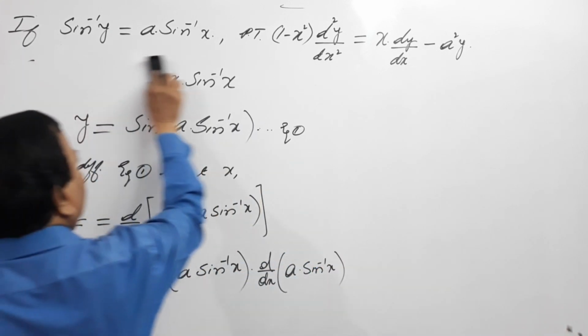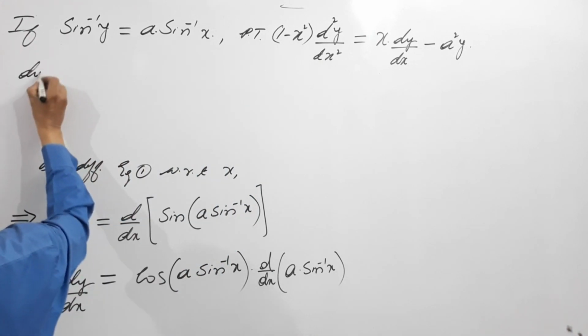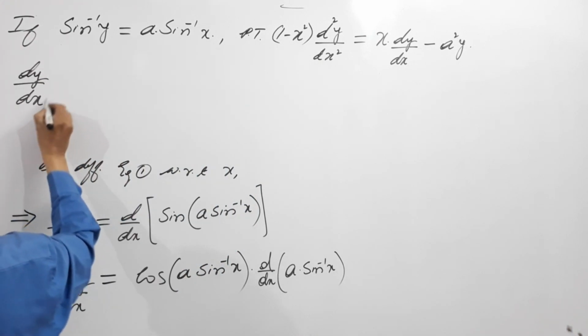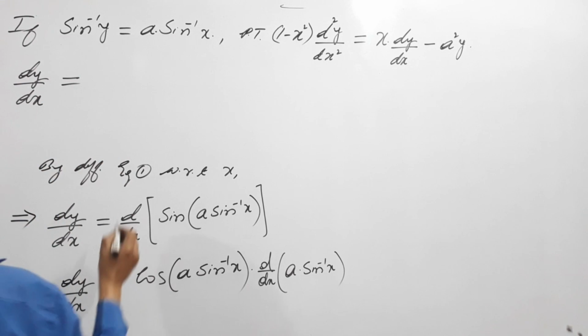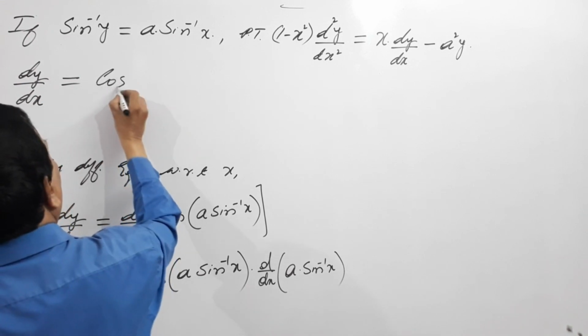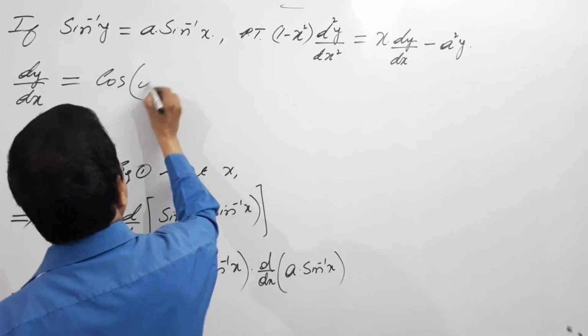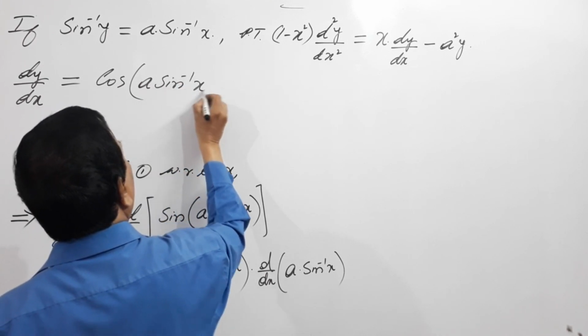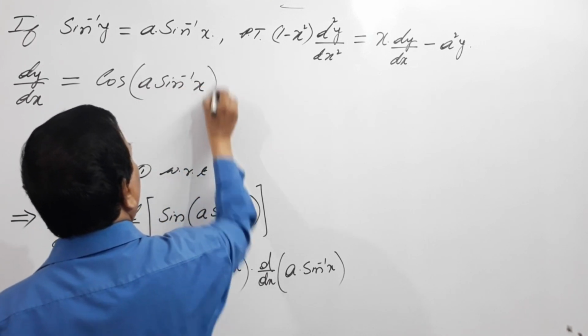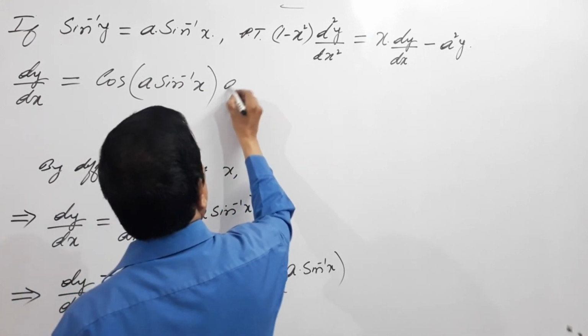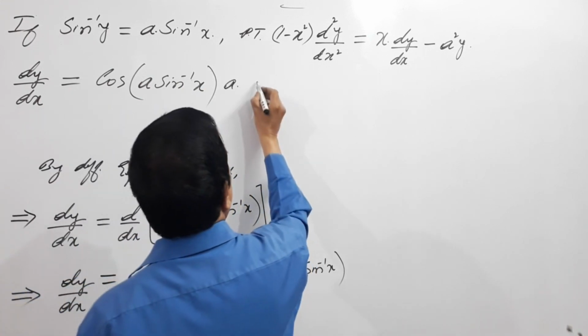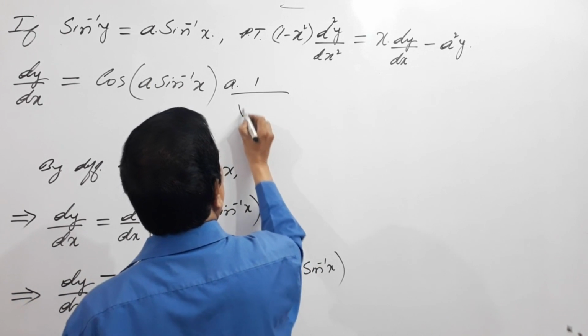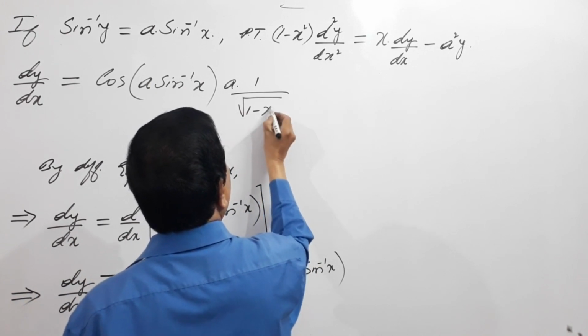So dy by dx equals cos of a sine inverse x into a into 1 by under the root 1 minus x square.